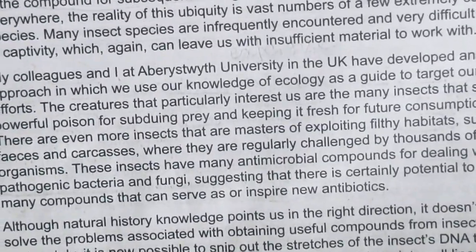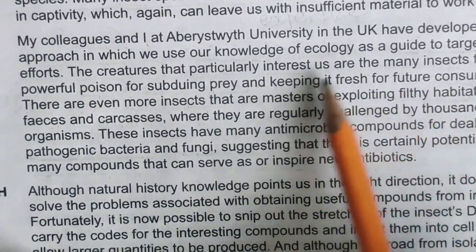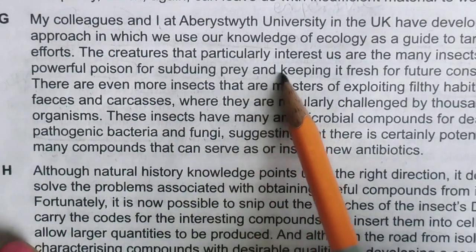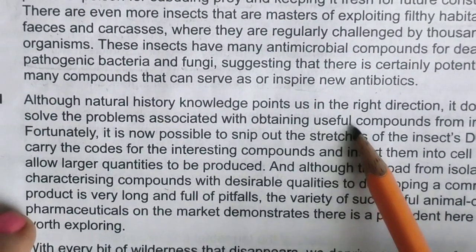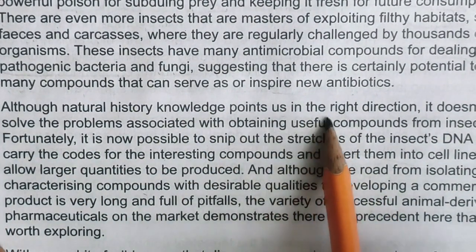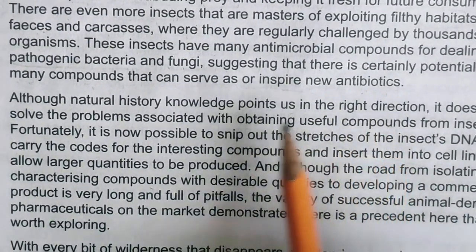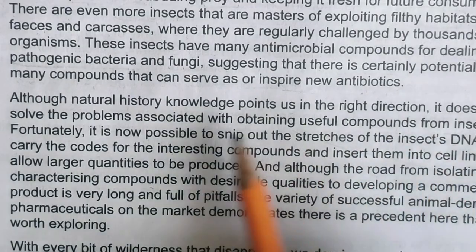So here, in G, they are not talking about anything like many insects that secrete. So let's read H. Although natural history knowledge points us in the right direction, it doesn't solve the problems associated with obtaining useful compounds from insects.